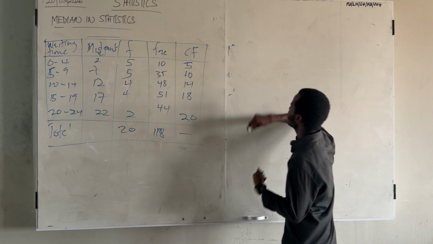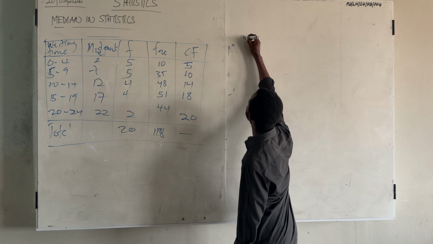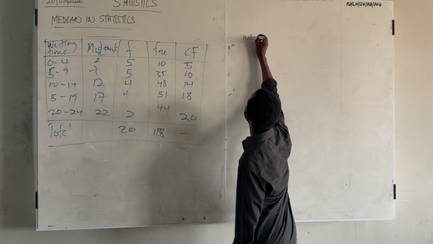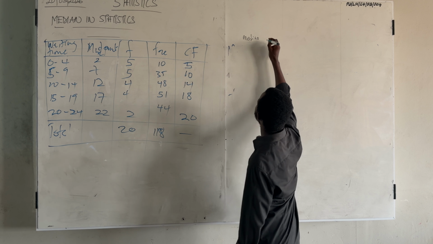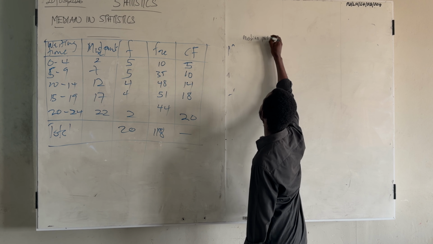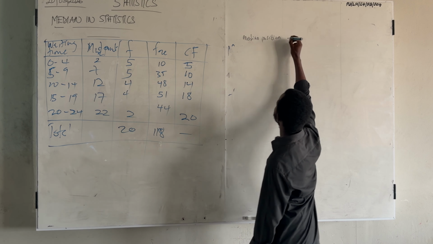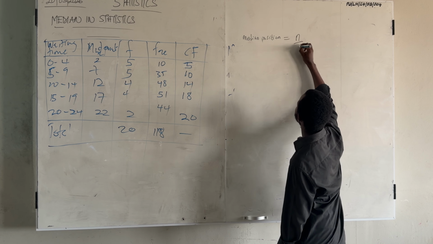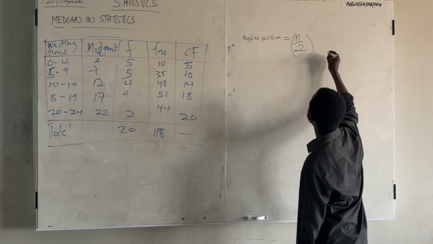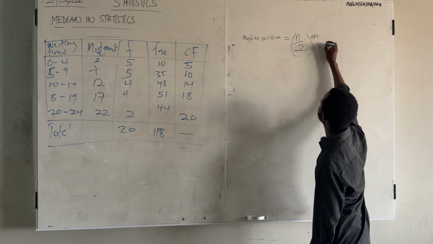So the formula for the median position, or median class position, is n over 2 position.